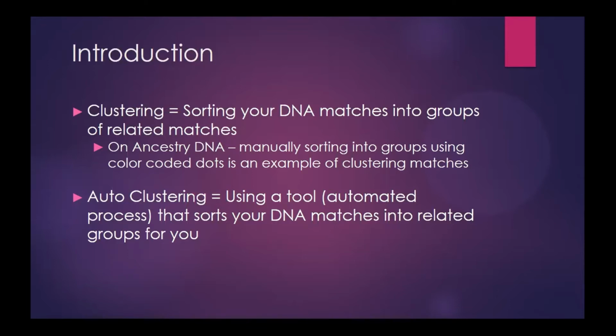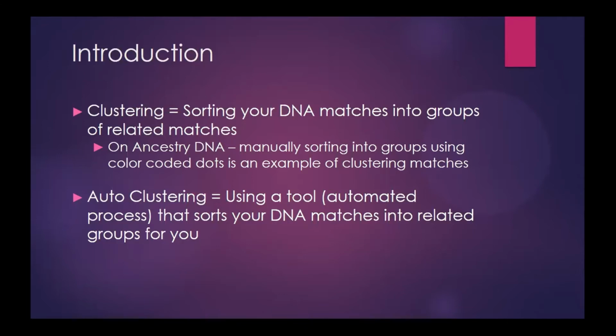So for instance, on Ancestry DNA, I've had several programs where I've talked about using the colored dots system at Ancestry, where you can manually go in and look at each match yourself and decide how you might be related to that person and assign that person to a color-coded dot, representing one of the lines of your family, like your grandfather's side, your grandmother's side, your great-grandfather's side, and so on. So that's clustering your DNA matches into groups based on the common ancestor that you might share with that cluster.